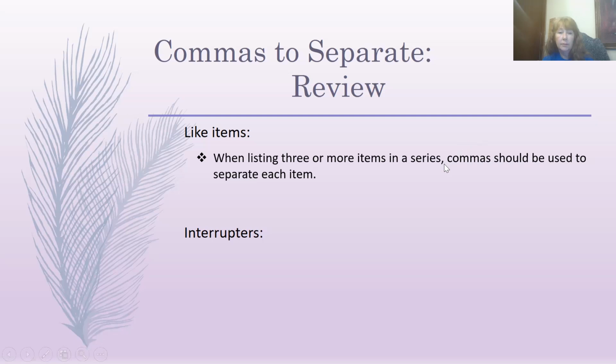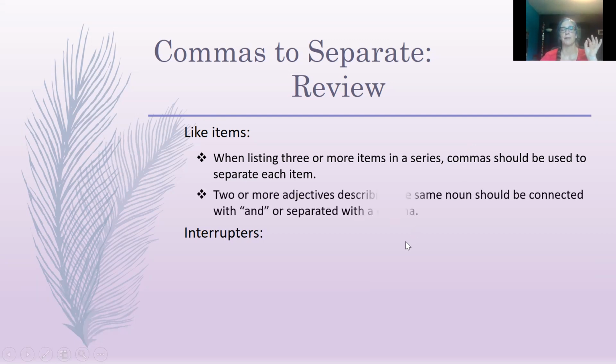So it separates it from the independent clause. Actually, it's a comma used to introduce the independent clause. So when listing 3 or more items in a series, comma, here comes my independent clause, a comma should be used to separate each item. That's okay. You're getting it. It's just trying to remember, and we're going to do a little review of that too.